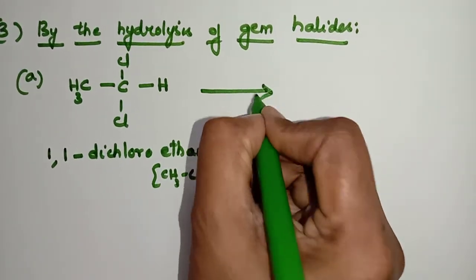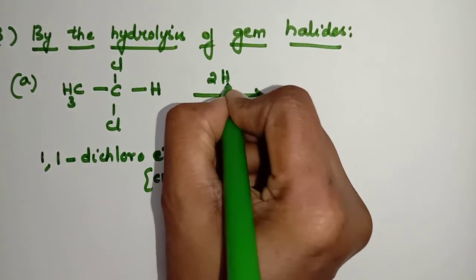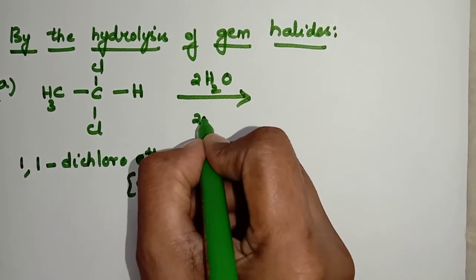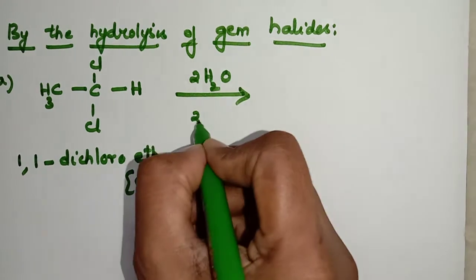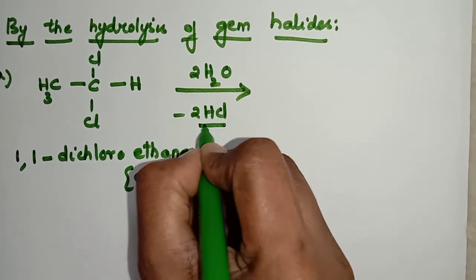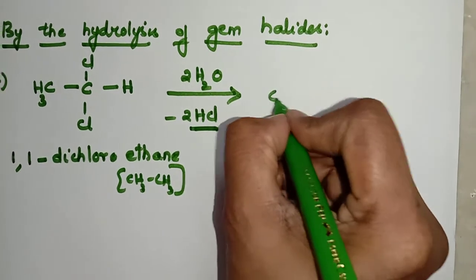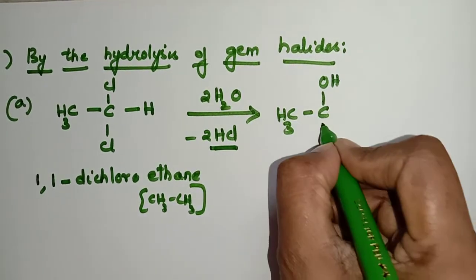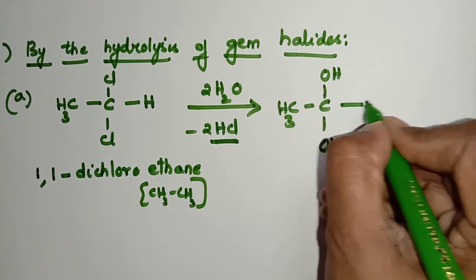It undergoes hydrolysis, takes up 2 molecules of H2O and minus 2 HCl. That means 2 molecules of HCl come out, and what forms? CH3 C OH OH H.